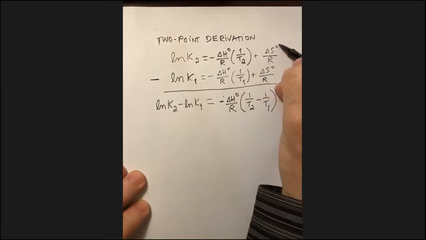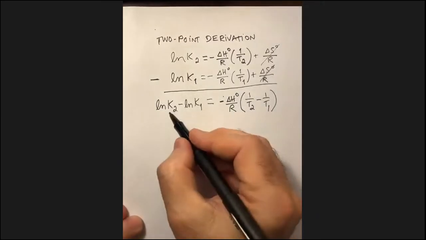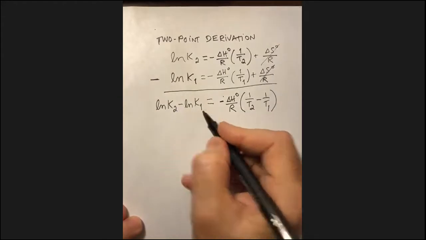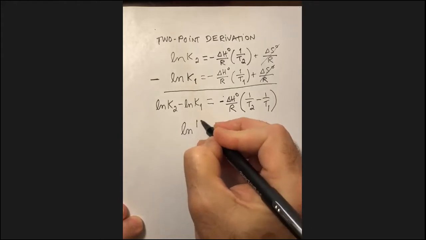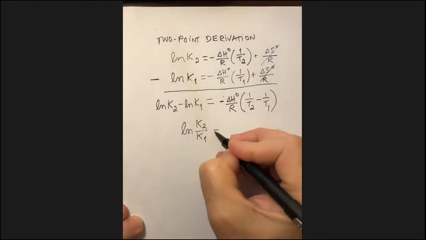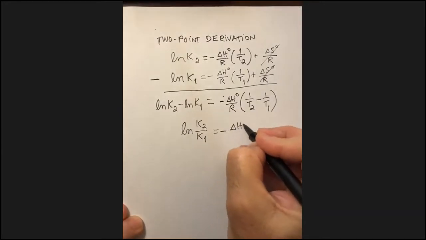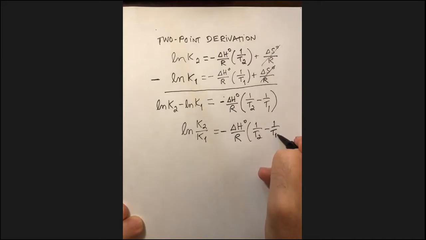And the delta S over R terms are going to knock themselves out because they're the same. So what I like to do is express this in a more compact way. When you have the logarithm of something minus the logarithm of another thing, that essentially is the logarithm of the ratio between them. And over here, we would have minus delta H over R times the difference between the reciprocals.